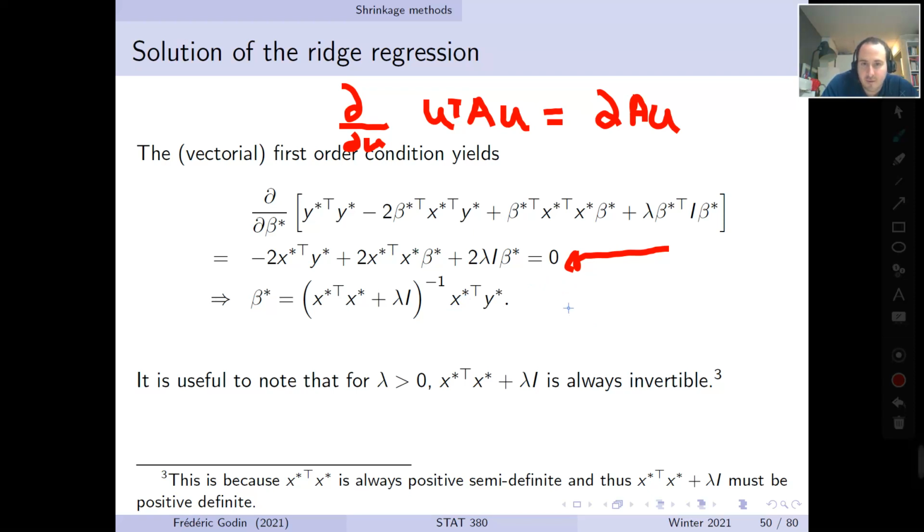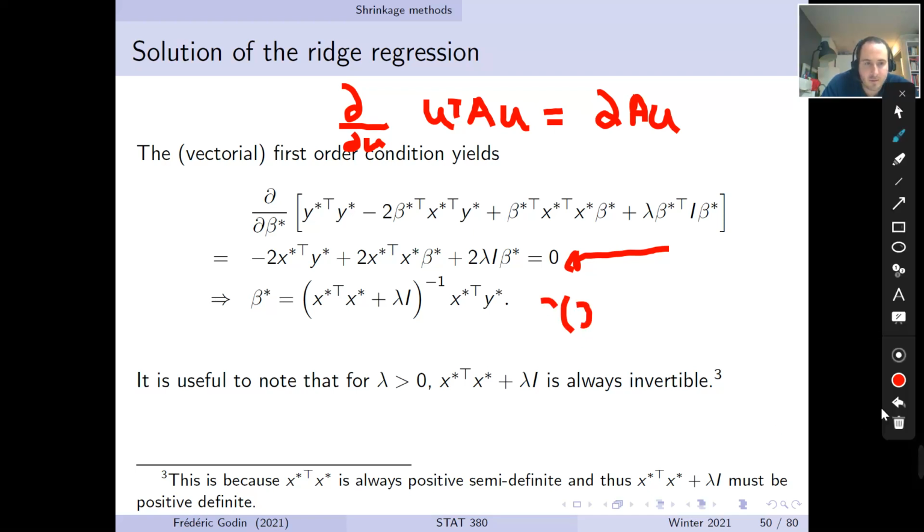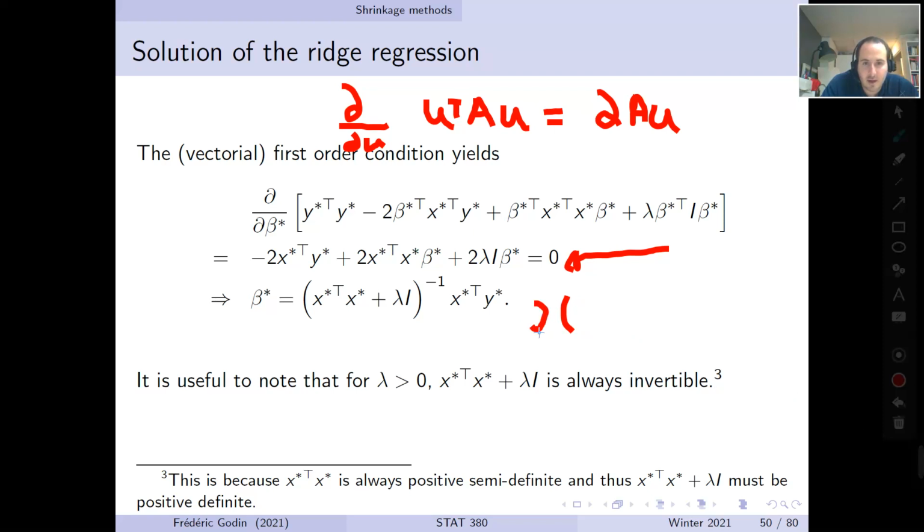We have 2 times x transpose x, I won't put the star but let's say the star is there for all the symbols, just to make the notation easier, plus lambda I, times beta, is equal to 2 times x transpose y.